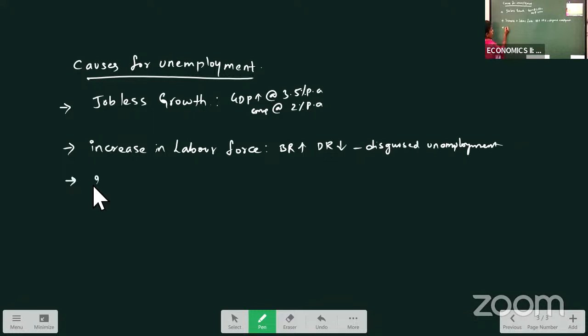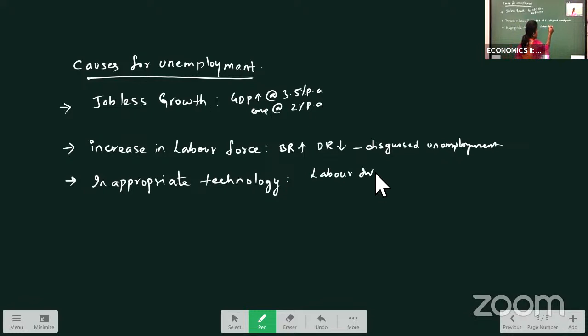Another cause is inappropriate technology. Generally, whenever production is carried on, there are two types of techniques of production. One is labor intensive, the other is capital intensive. Right?